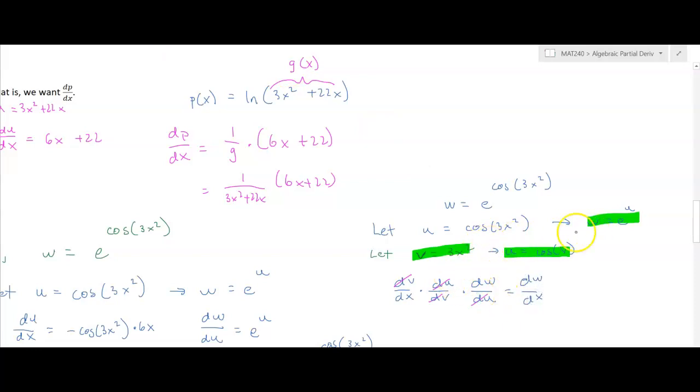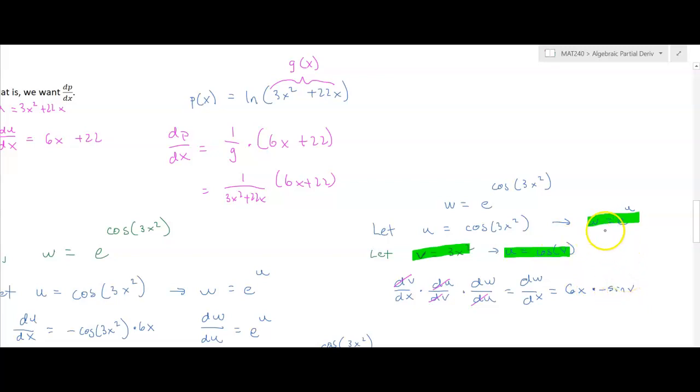And that results from multiplying the derivative of these three functions together. So dv dx, the derivative of this is going to be 6x, multiplied by the derivative of u with respect to v. The derivative of cosine of v is negative sine of v.